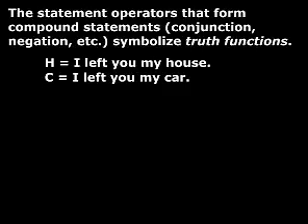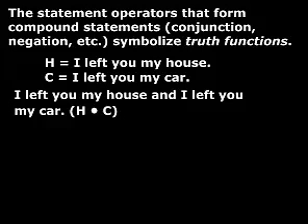Here's an example. Suppose I give you two atomic statements: I left you my house, I left you my car. These might be things that I would put in my will. I'm giving people stuff when I die. And I symbolize these with H and C. Now suppose then I tell you at some point after class, I give you this conjunction.